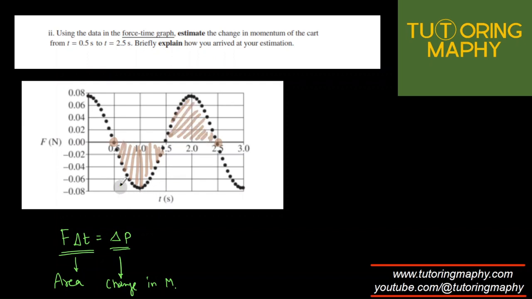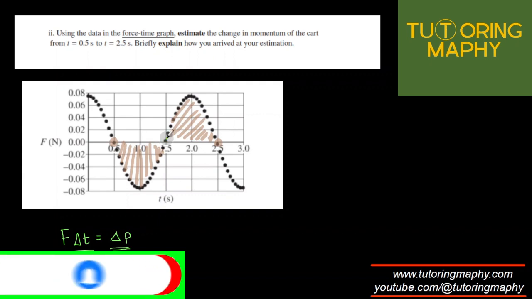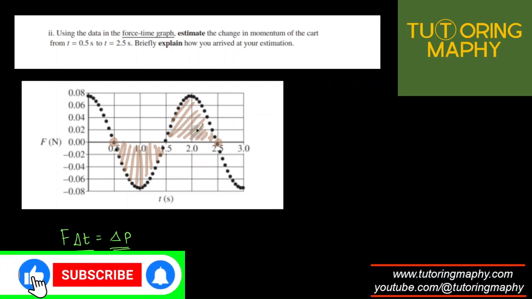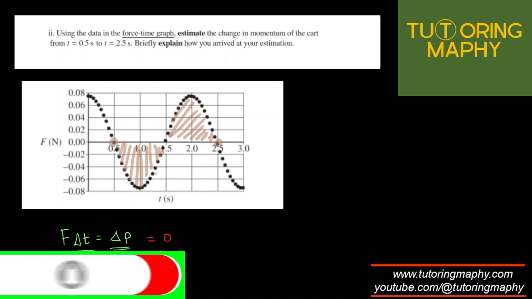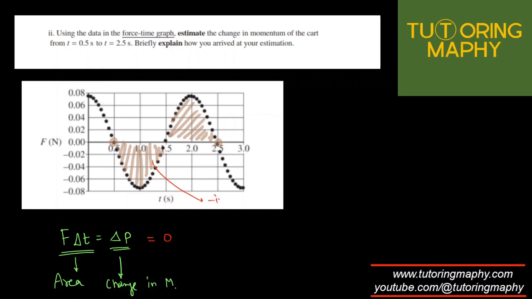Because the bottom area will be considered negative and this top area will be considered positive. So 0.5 to 1.5 and then 1.5 to 2.5. I think the change of the momentum should be 0, because the equal negative area and the equal positive area basically cancel each other. Right, so this should be 0, and we have already explained.